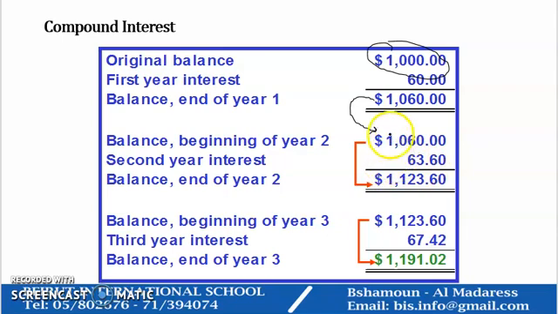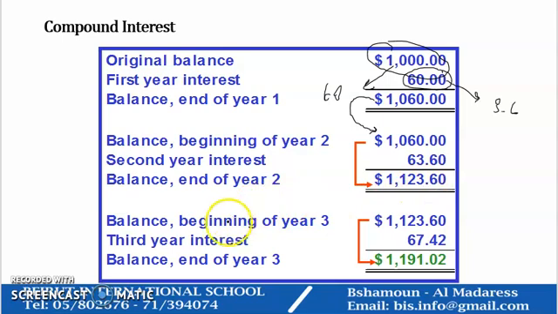This interest is not only on 1,000, but also on the interest earned here, 60. So we have $60 on the original balance, and on this interest we also have interest, which is 3.6.